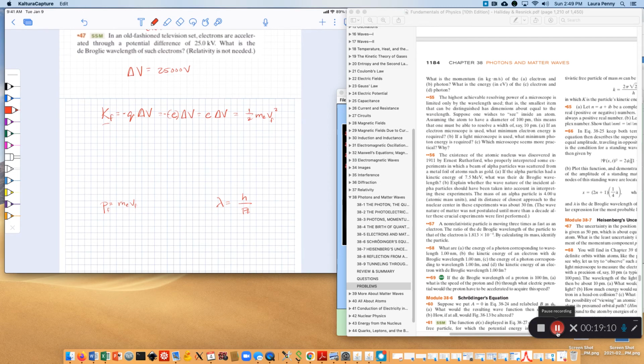So let me go ahead and do this. We have 1.602 times 10 to the negative 19 coulombs times 25,000 volts. That equals 1/2 times 9.11 times 10 to the negative 31 kilograms times v final squared. And so I can get v final.